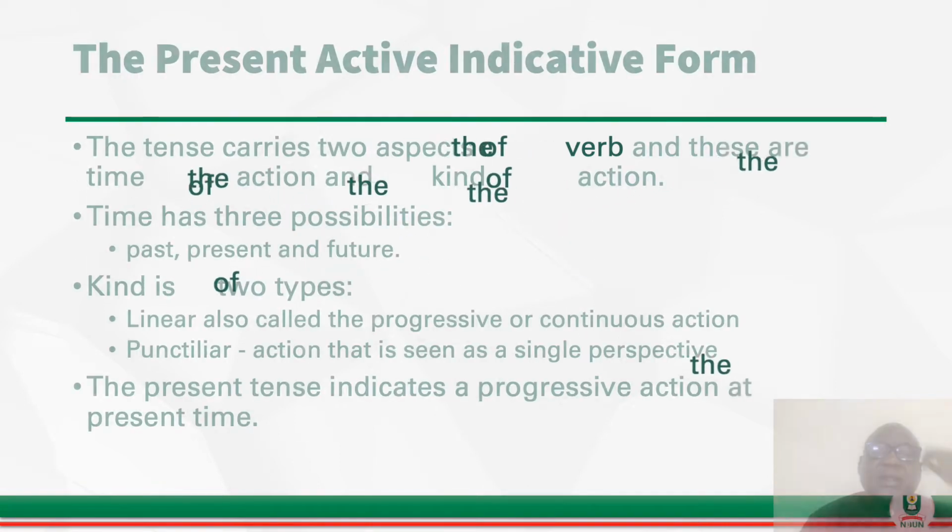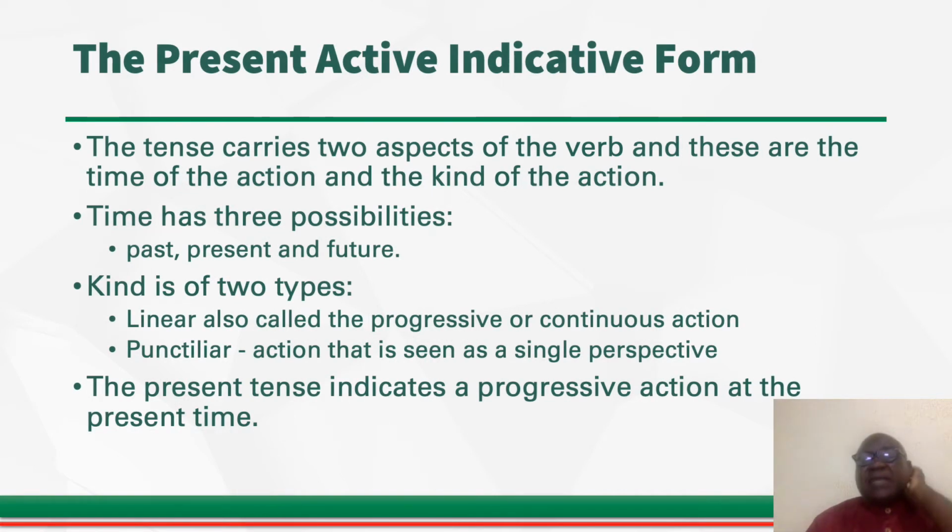Now, the present active indicative, for your memory. Remember that the tense of a verb carries two aspects: the time of the action and the kind of the action. When we are talking about the time of action, we are talking about three possibilities: the past, the present, and the future.